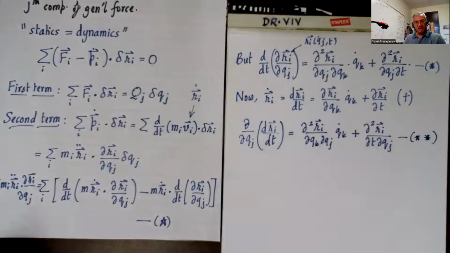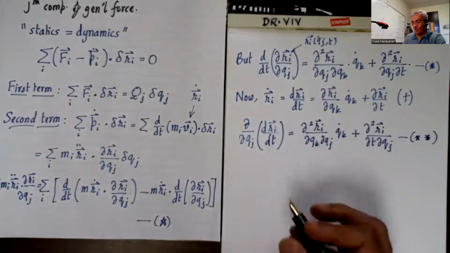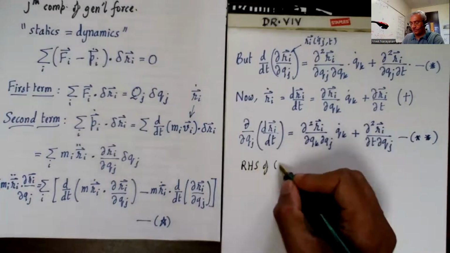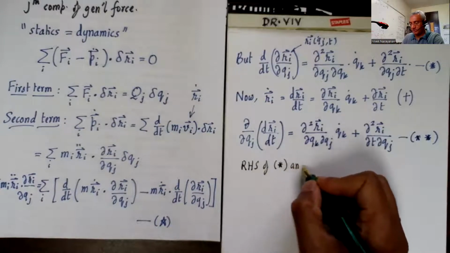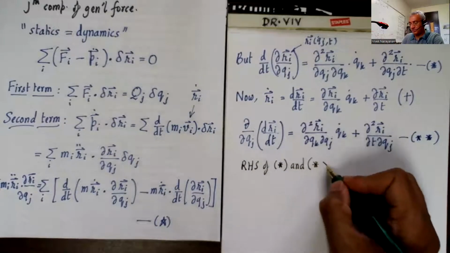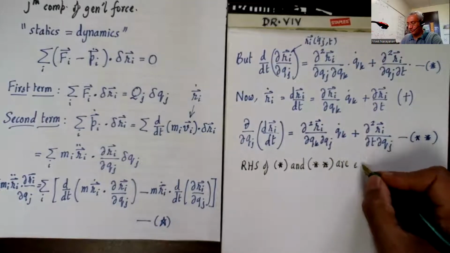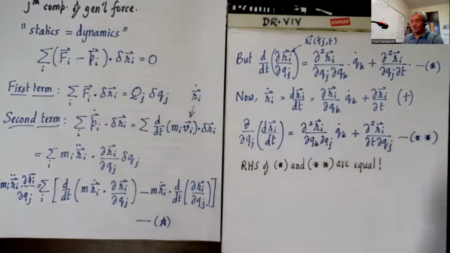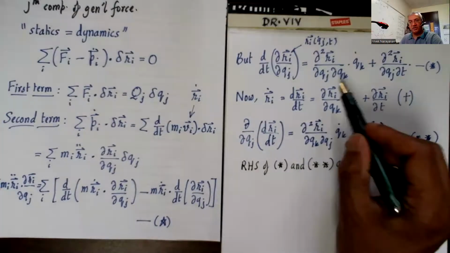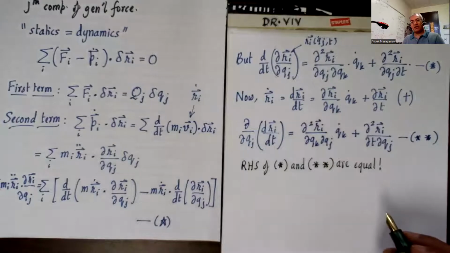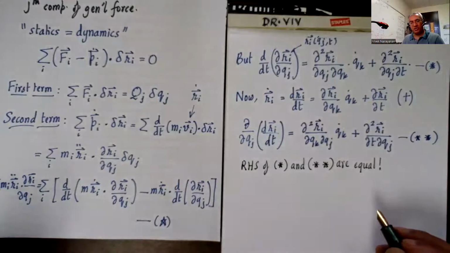The interesting thing is to compare star and double star. The right-hand sides of star and double star are actually equal. I keep saying star, I mean asterisk. Why are they equal? These are mixed partials. Mixed partials always commute whenever the functions are at least twice differentiable.